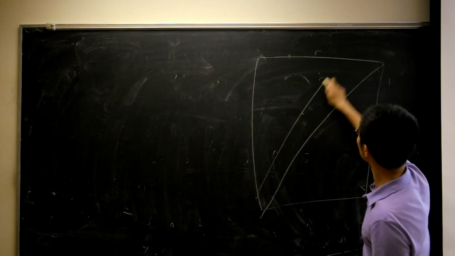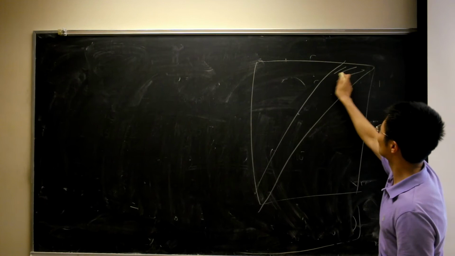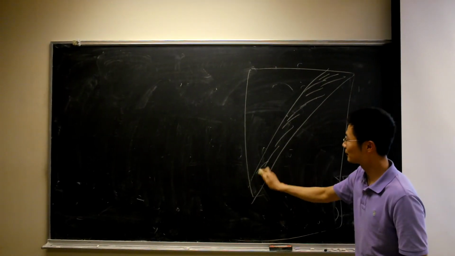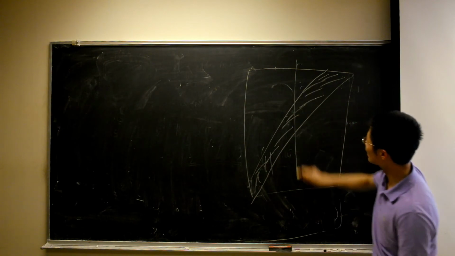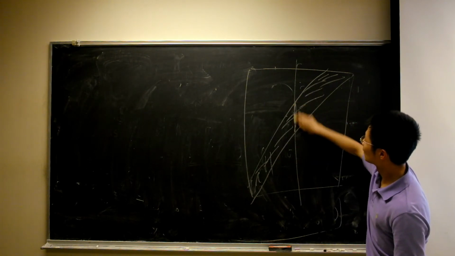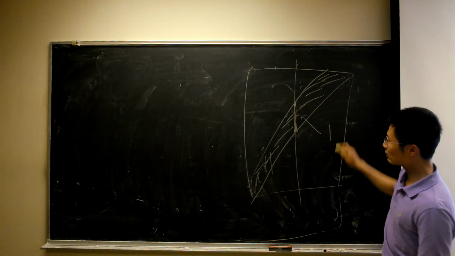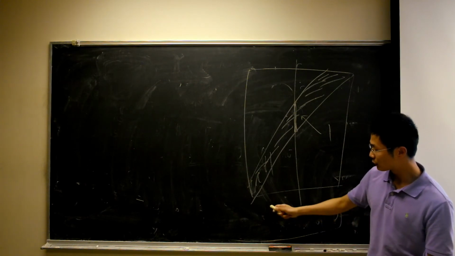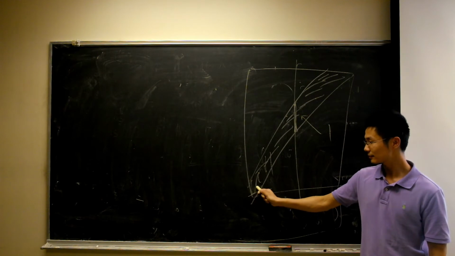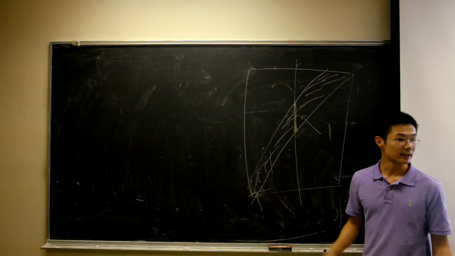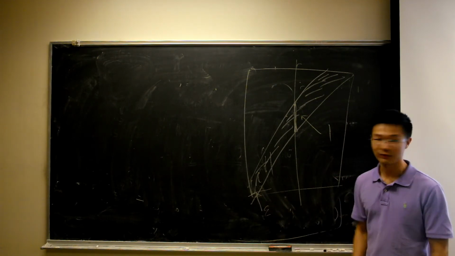So for example, you have your f along here, and if you do the integral here, this will give you 1. But if you do the integral, for example, here, it will only give you something like alpha.